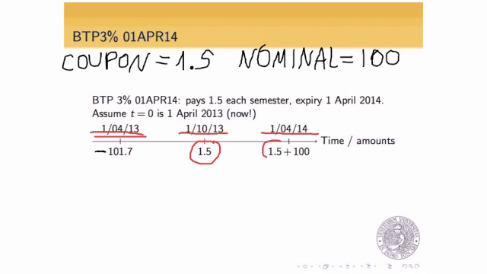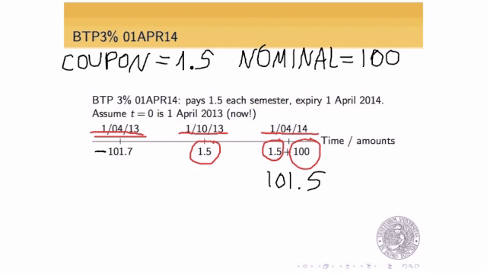You will get another 1.5. On top of that, you will also get back your original capital, which is by convention 100. So a BTP is a contract in which you pay today 101.7, you will get in 6 months 1.5, and summing all the payments done at the expiry date, you will get 101.5 in 1 year.